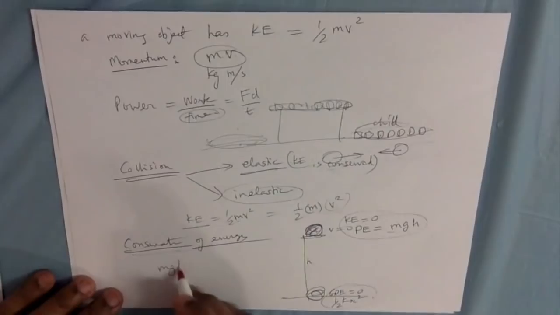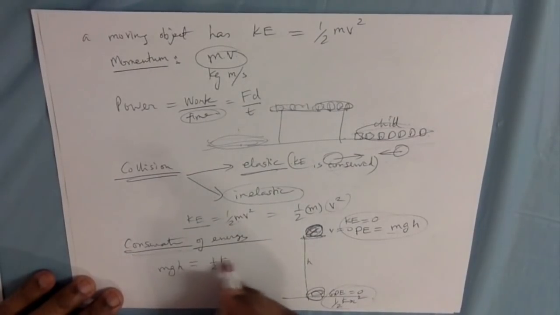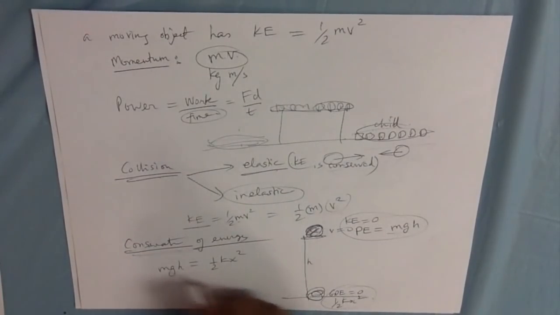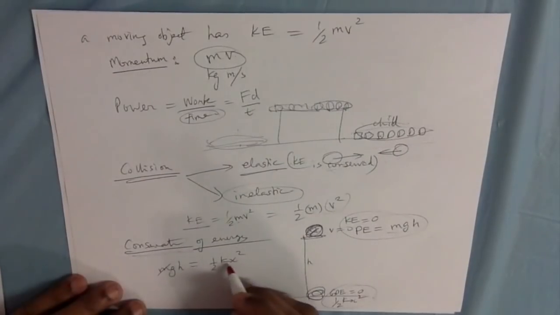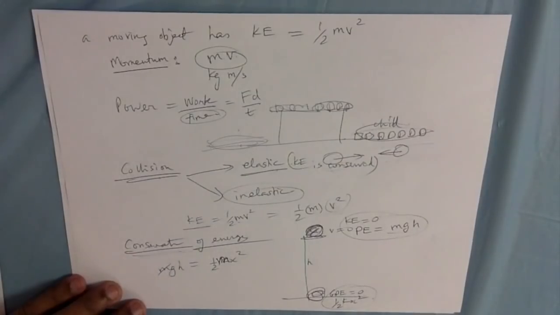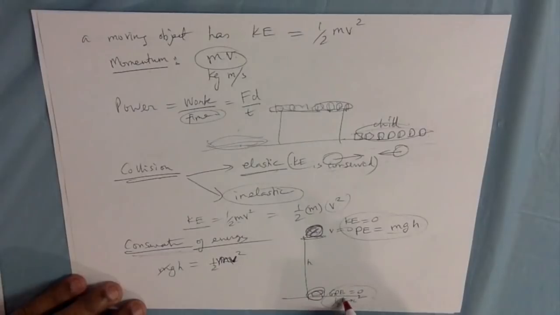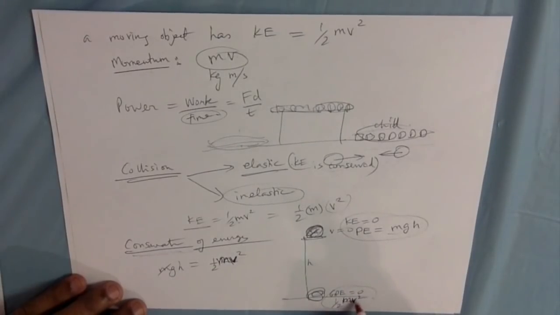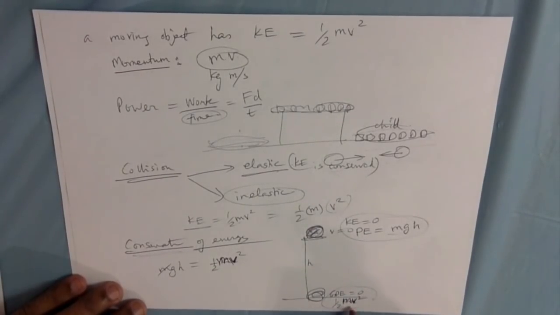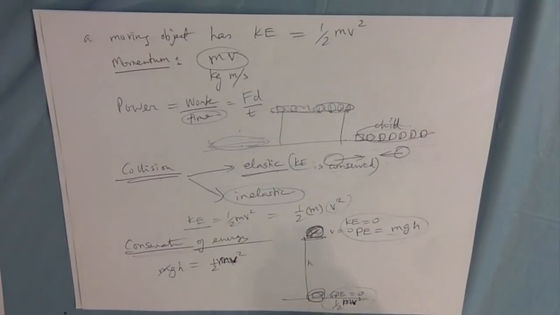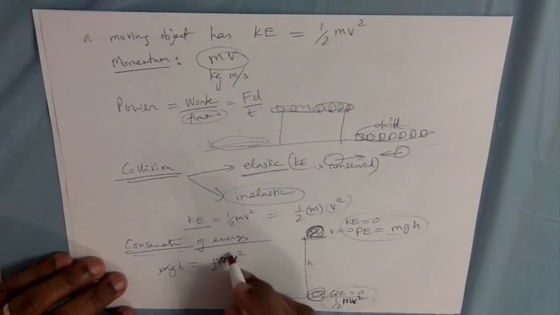So mgh should be equal to half mv squared. We can use half kx squared only if it's a spring, if it is landing on a spring and compressing it. But otherwise, half mv squared.